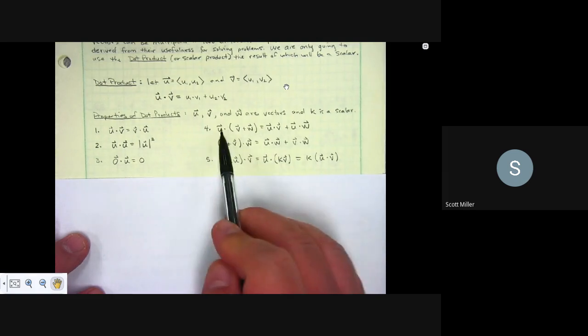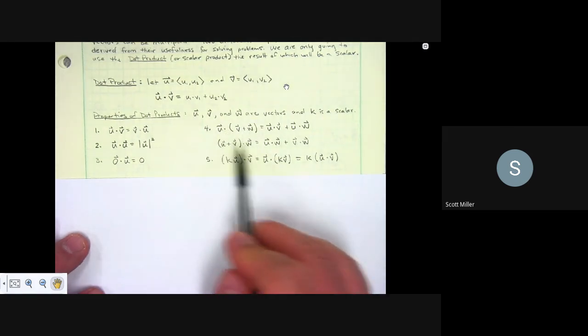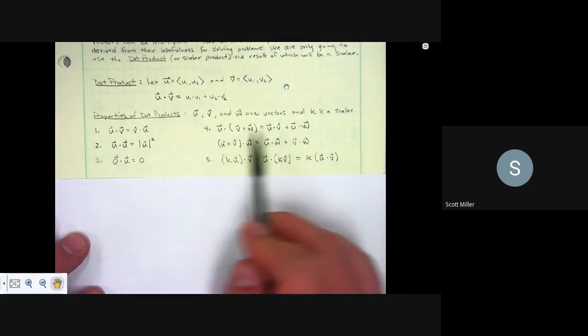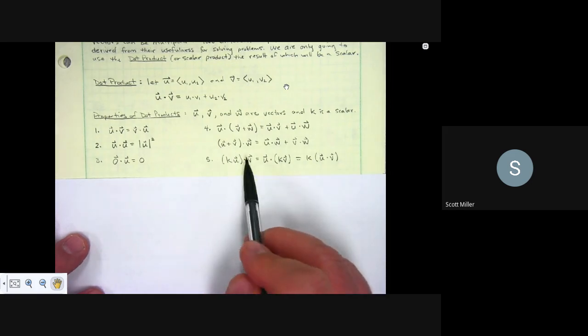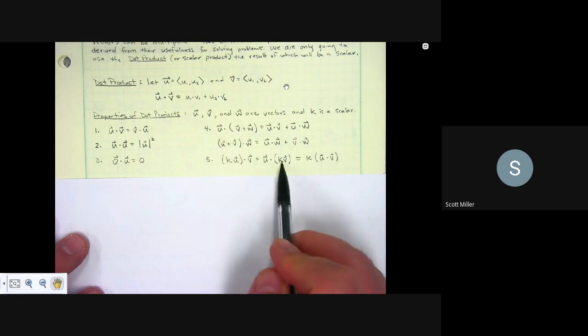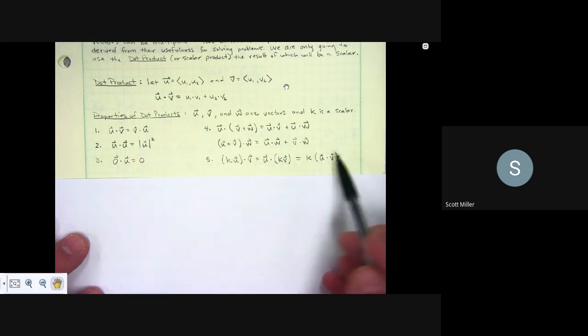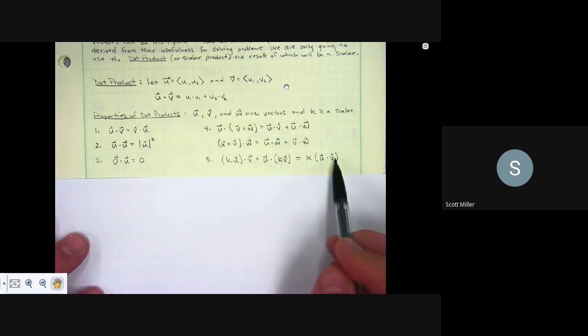This shows you the associativeness of the dot product, and this shows you the scalar multiplication of a dot product. If I apply a scalar to any one of these, it's the same thing as multiplying the scalar by the dot product.